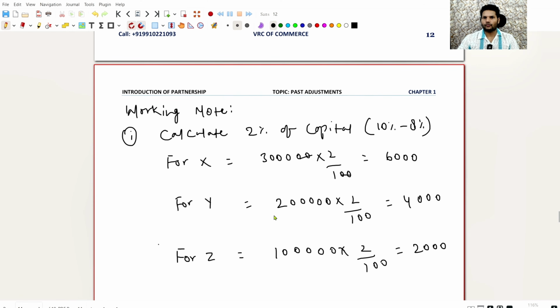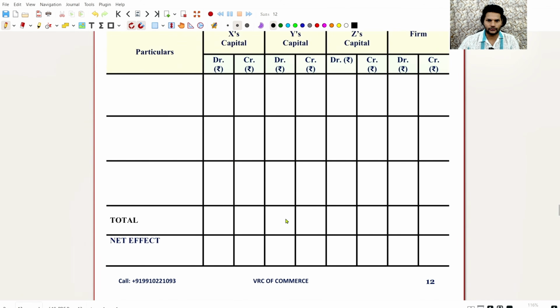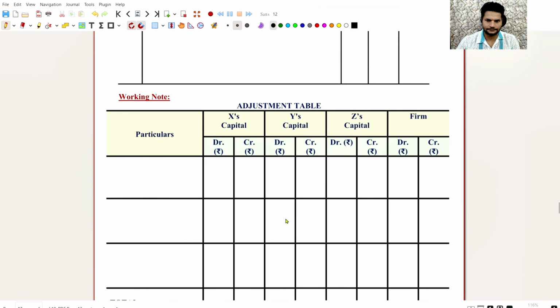Now, next, you need to put those values into the adjustment table. Let's put it. Since it is overstated, you have to debit the partners' capital accounts and the same will be credited to the firm account.